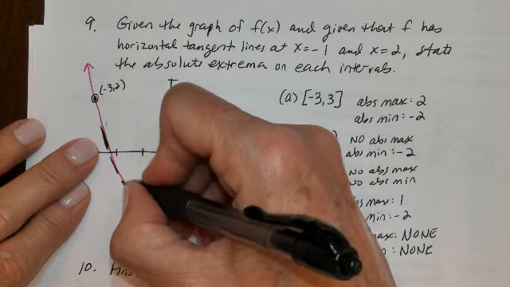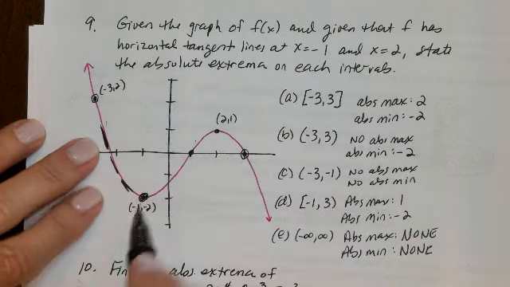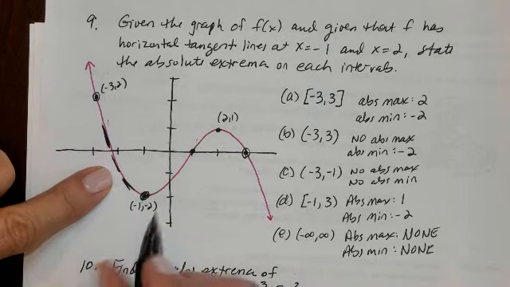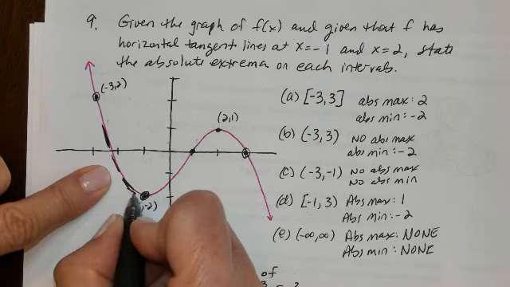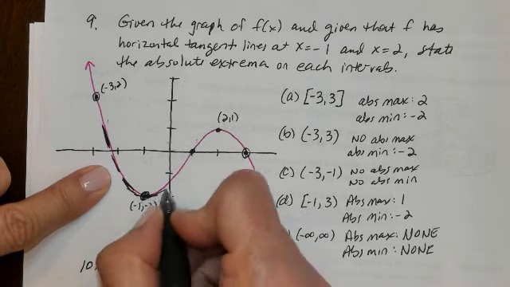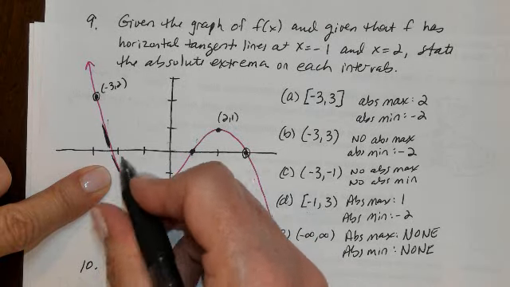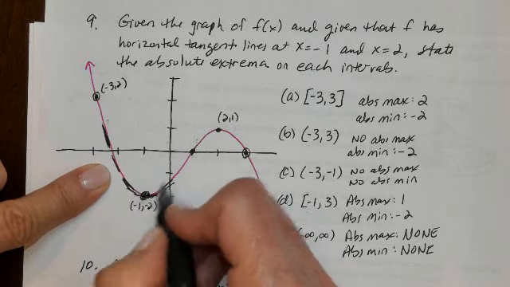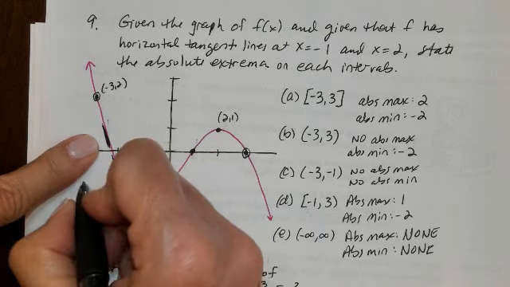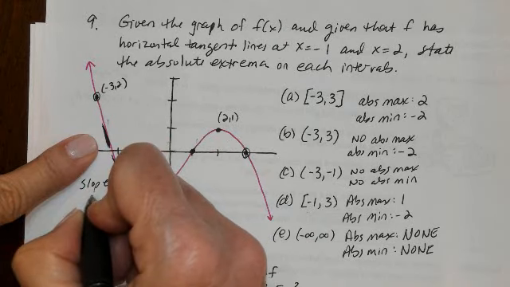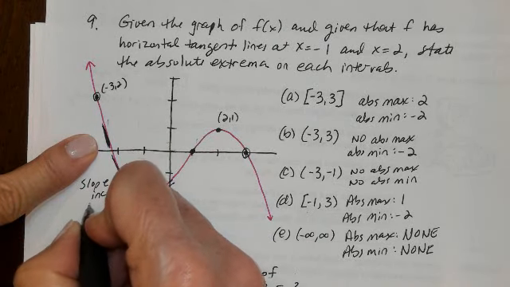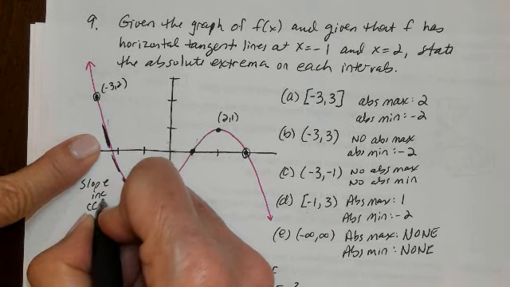Is this slope increasing or decreasing as we get closer to here? Well, this slope here is increasing, isn't it? The slope is increasing, and that makes it concave up.